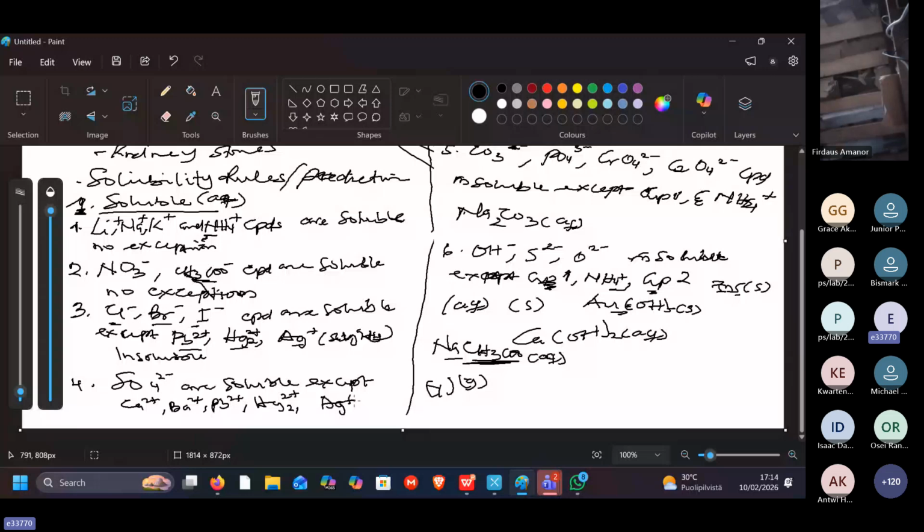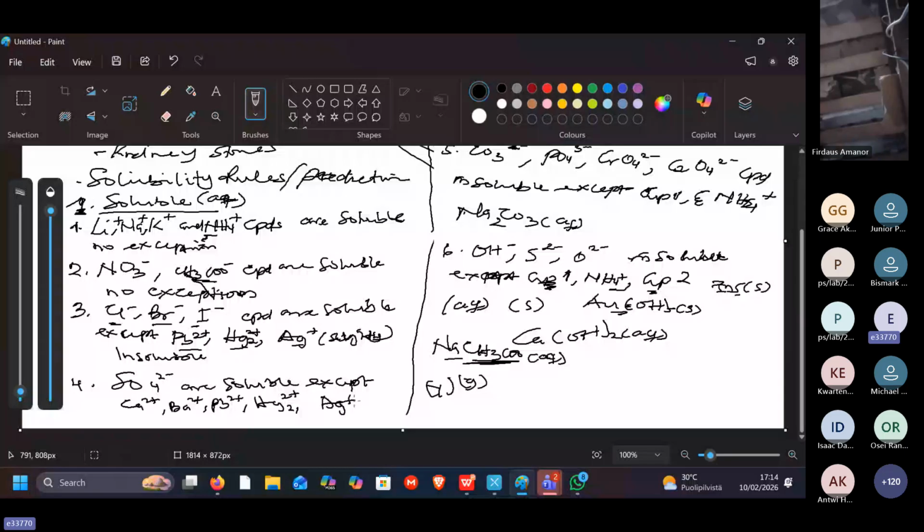Molecular compounds become gases and also liquids. But ionic compounds are either aqueous or solid.